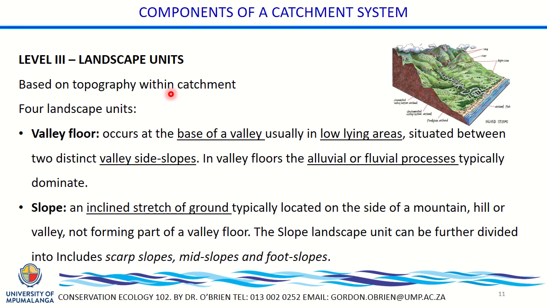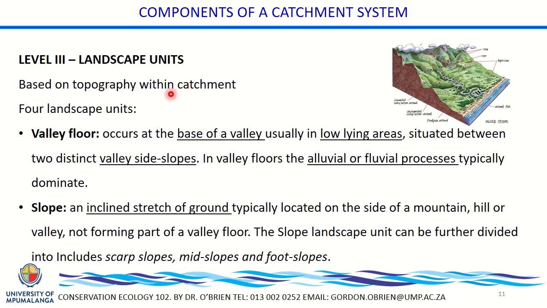Alluvial means the movement of soil. Fluvial means the movement of water. So the processes that move soil and water, and the movement of water through the valley, is a dominant characteristic. Because it's confined, there's nowhere for everything to go but through. You understand that? If it's a confined valley floor.